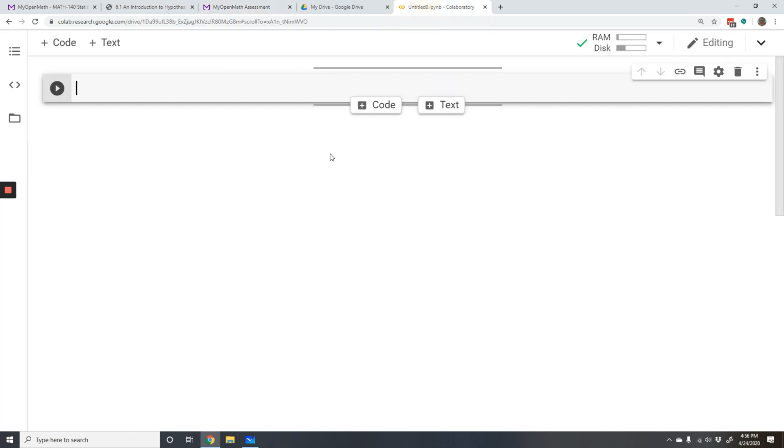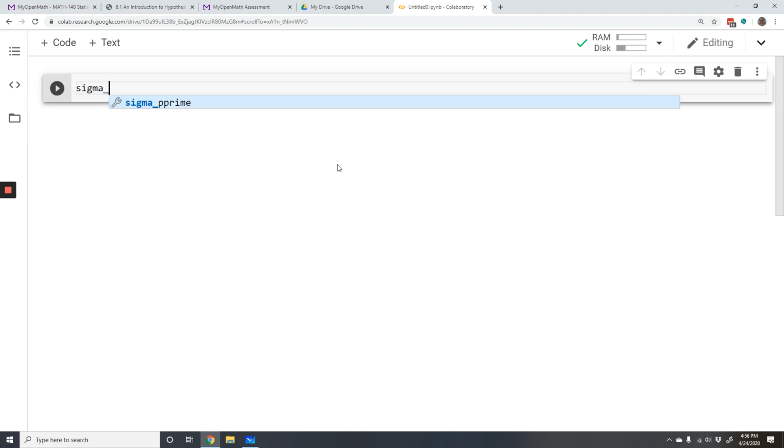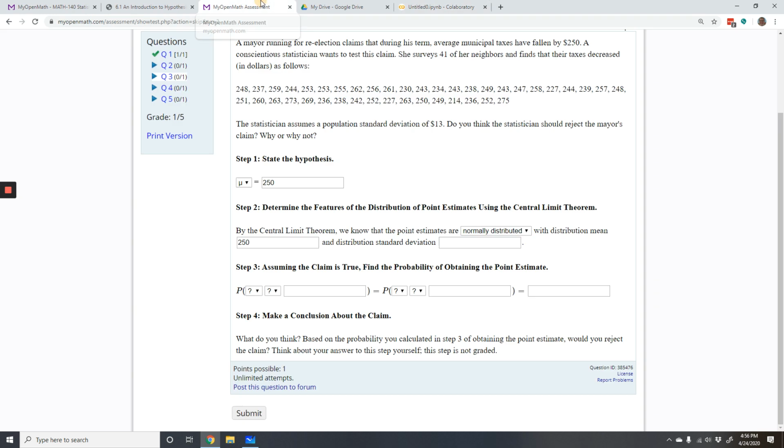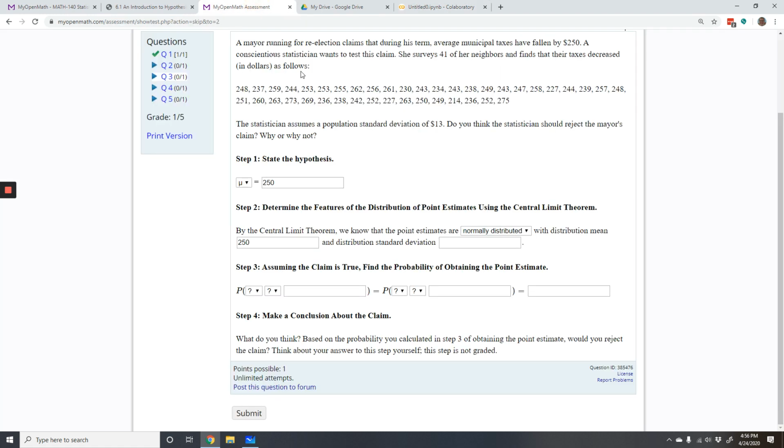So let's go to our notebook. Sigma sub x bar, so the standard deviation of our sample means, is our population standard deviation, $13, divided by the square root of the sample size. And in this case, the sample size is 41, right?